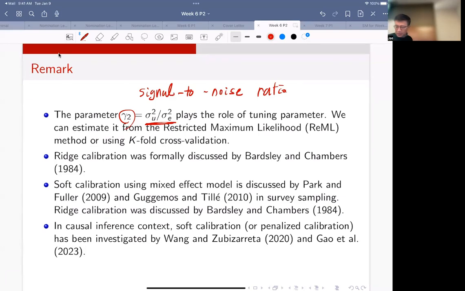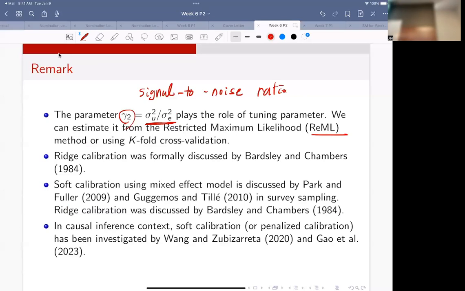It plays the role of a tuning parameter. And we can estimate it from the restricted MLE, which profiles out beta and tries to maximize the variance component. So that's one way.